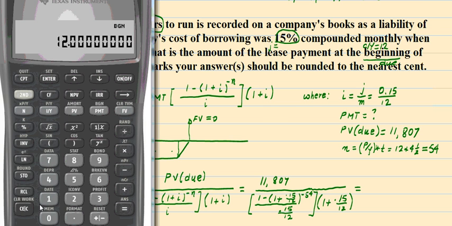The next one is present value is 11,807. Payment is 0, that's the one we're solving for, and future value is 0, and compute payment. The payment is $298.27.